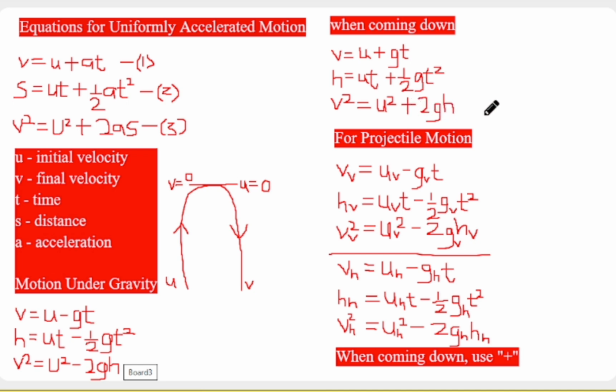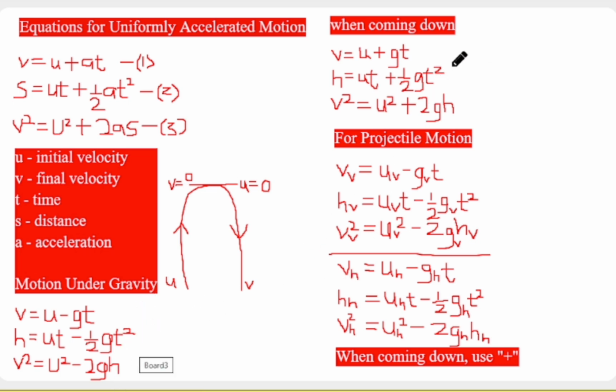Many students have asked me, how will they know the equation to use for a specific question? This has always been my answer: when the object is going upwards, you use minus in your equation.